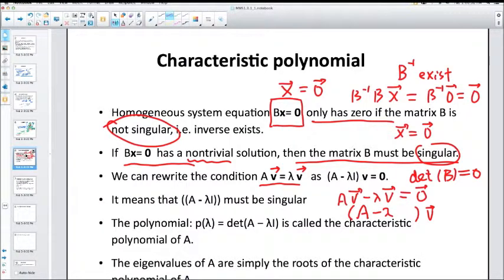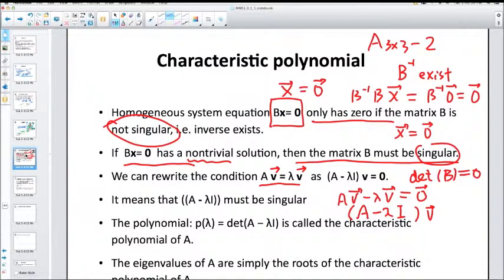Wait a moment. If you really understand the matrix operation, that won't make sense. A could be a 3 by 3 matrix. A 3 by 3 matrix subtract the number 2 does not make any sense. When you factor it out, don't forget you have to put the identity matrix I there.